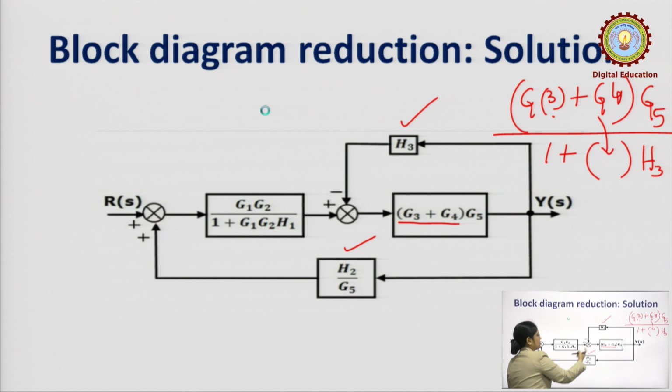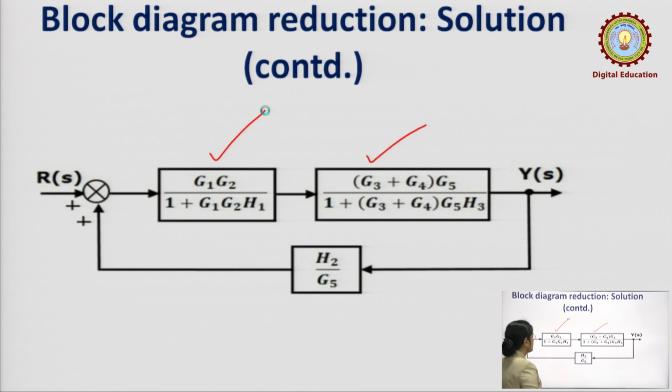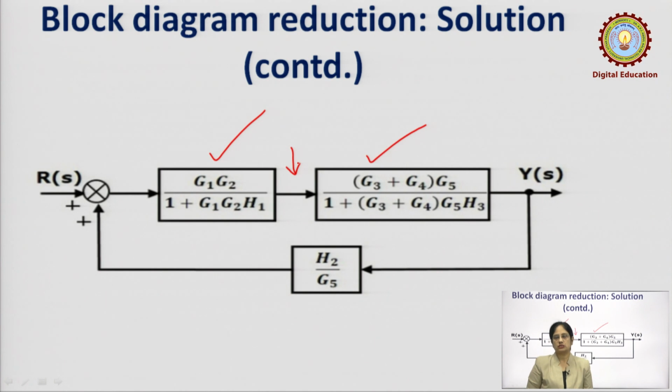After the feedback loop has been reduced, the summing point along with the combination of the feedback loop is no more here, and now these two blocks, that is G1 G2 divided by 1 plus G1 G2 H1, is in cascade with the second block, G3 plus G4 into G5 divided by 1 plus G3 plus G4 into G5 into H3. So, these two blocks are now in cascade.